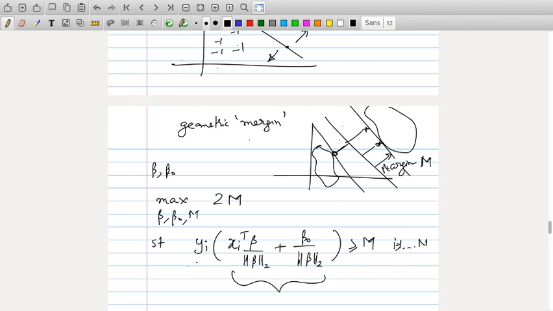The same intuition holds for the other side. So that's not the issue. The issue is why this constraint. Why this inequality that I want satisfied for every data point is that if all data points satisfy this, then those data points will be at least margin distance away from the hyperplane.